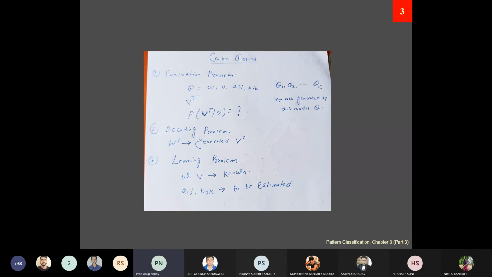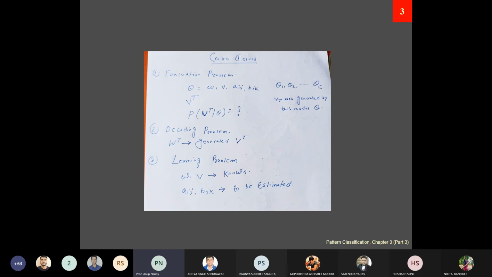Next is called the decoding problem. Decoding problem means that you have to find what are the hidden states which led to generating the observation sequence. That is called the decoding problem.